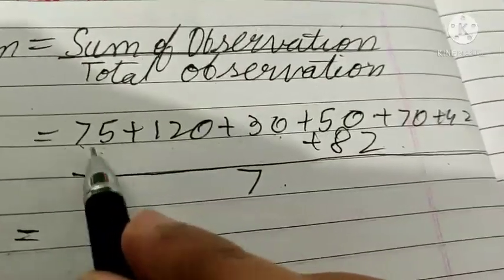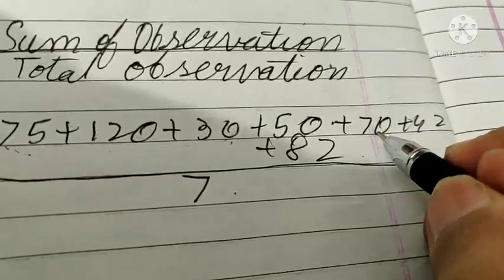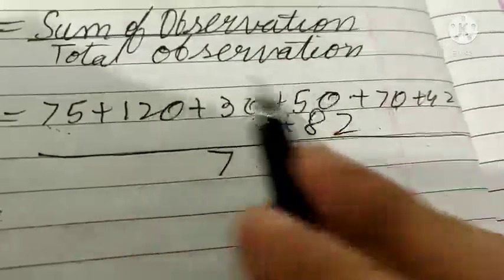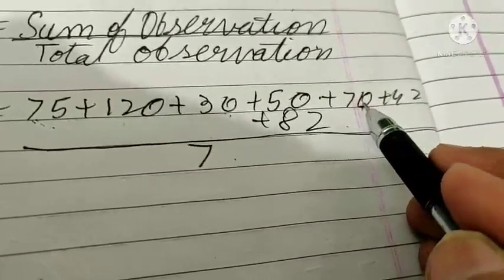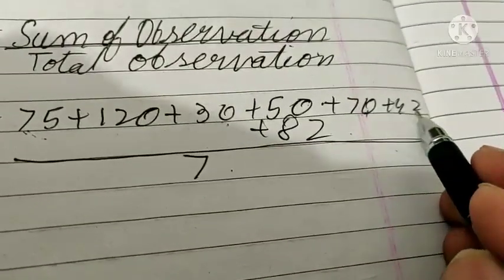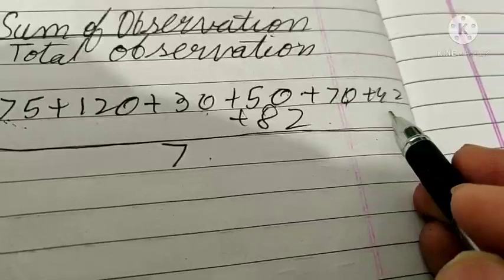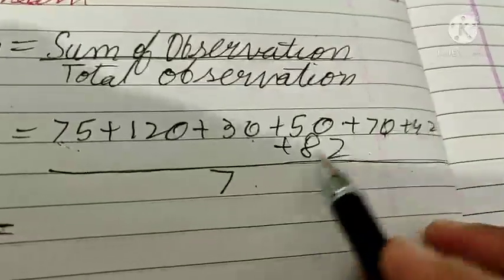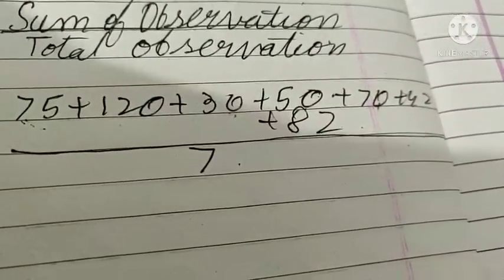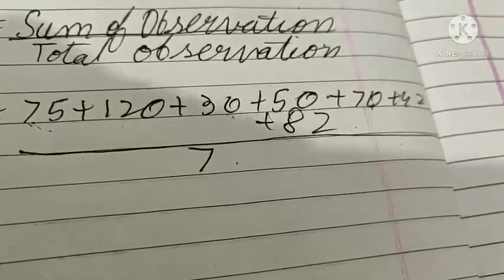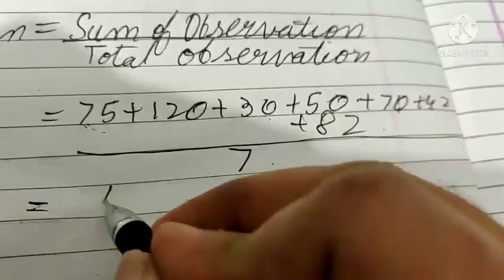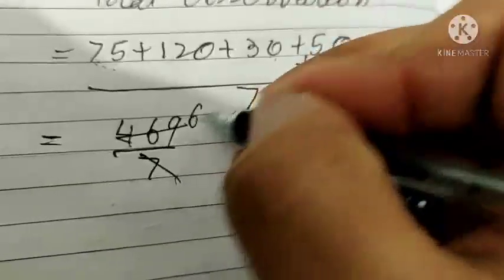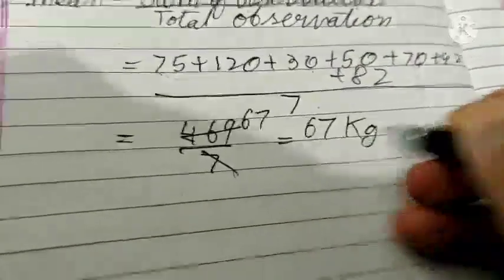Plus 75, 275. 275 plus 70, 345. 345 plus 42, 387. 387 plus 82, 469. 469 upon 7, it is 67 kg. This is the mean.